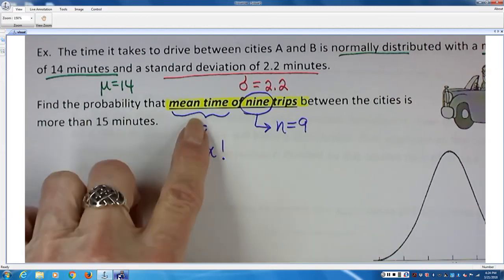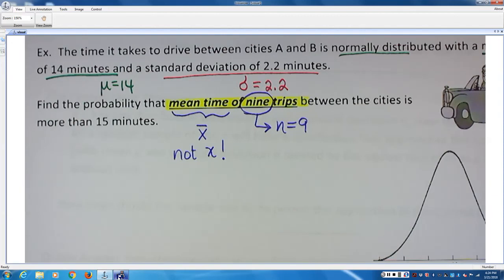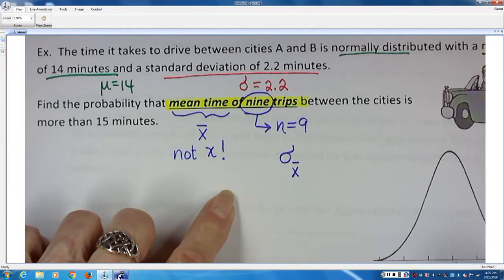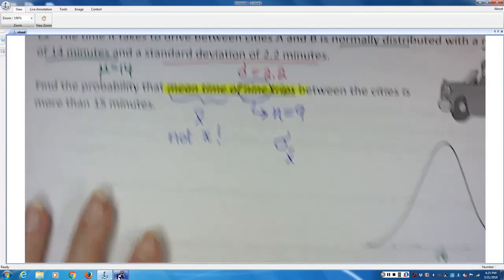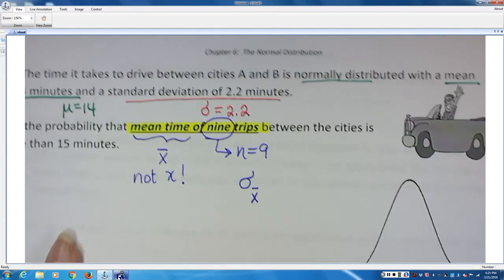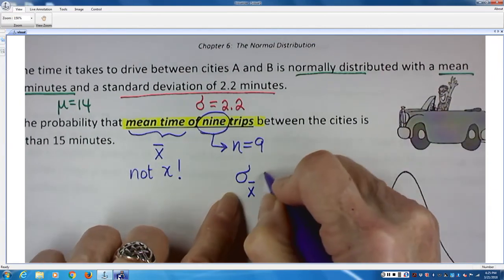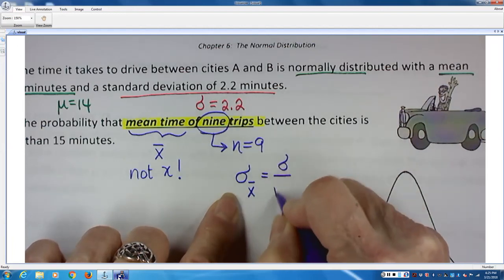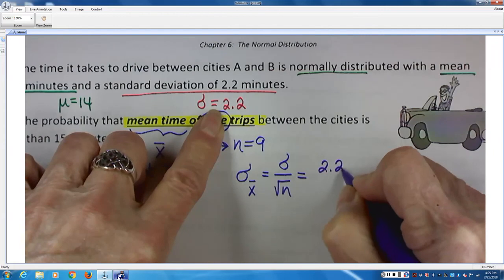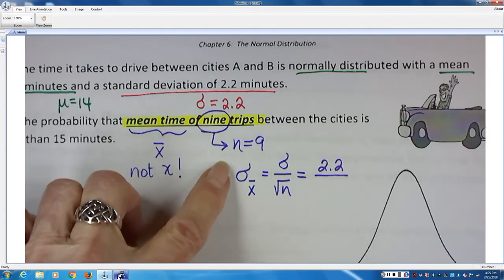When they tell me this is what happens. If they give me a sample size, I have to use the sample size. This is not just mu, this is mu X bar. And I'm not going to be able to use just sigma, I have to use sigma X bar, which is sigma over the square root of n, and in this case that's 2.2 over the square root of 9.